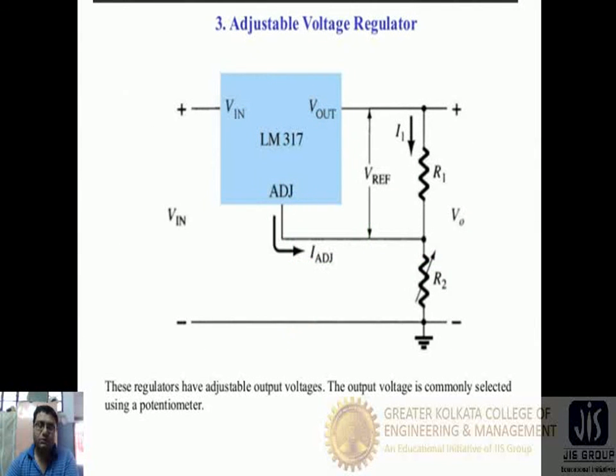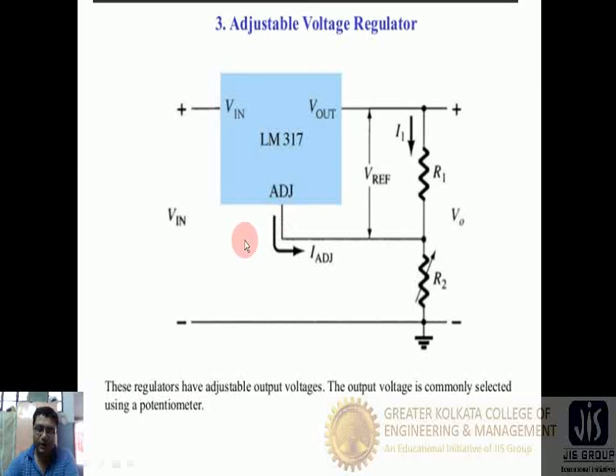There is another voltage regulator, which is the adjustable voltage regulator. We can get an adjustable, regulated output voltage by adjusting some voltage at its adjust pin. So this regulator has an adjustable output voltage. The output voltage is selected using a potentiometer.